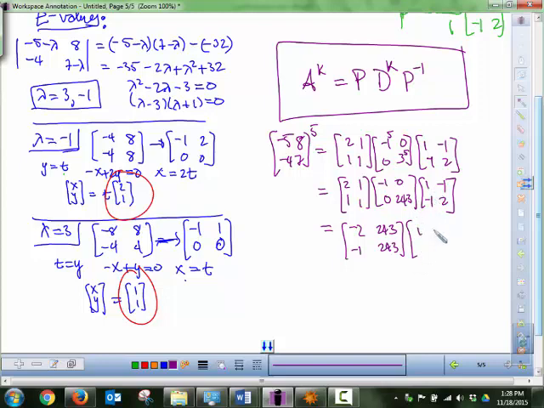And now I'm going to multiply by the inverse. So this is -2 minus 243, which is -245. Then -2, plus 2 times 243, that's 486, plus 2, 490. Right? Did I do that right?